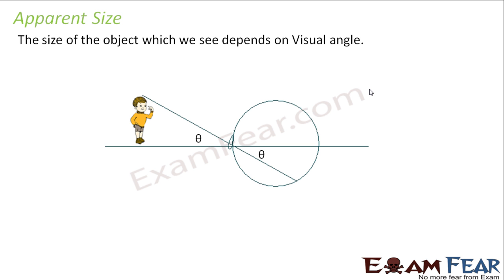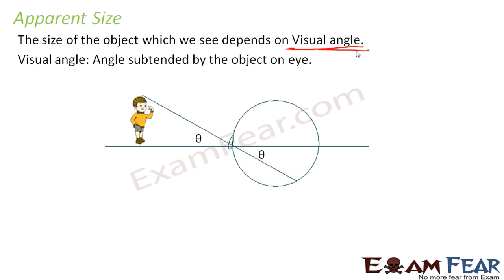So the size of the object which we see, that is the apparent size, depends on the visual angle. What is this visual angle? It is the angle through which we are viewing the object. That means the angle subtended by the object on the eye. Let us suppose this is the object and this is the eye.